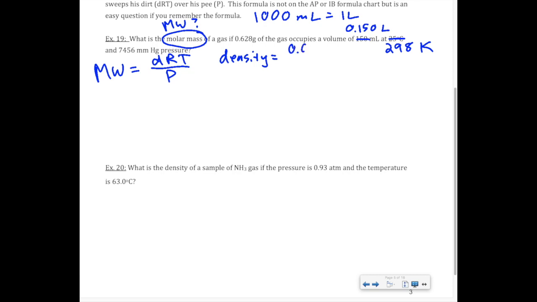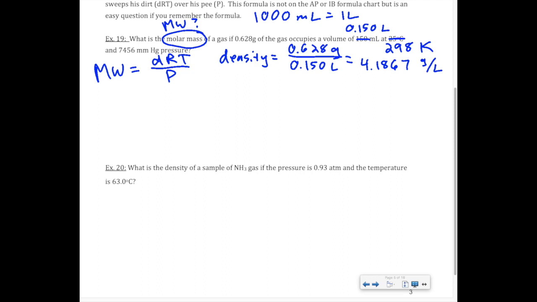The mass is 6.28 grams, and my volume is 0.150 liters. That is going to be 4.1867. I know it's not the correct number of sig figs, but I'm not done yet, so I'm going to wait to round. So now I know the density.